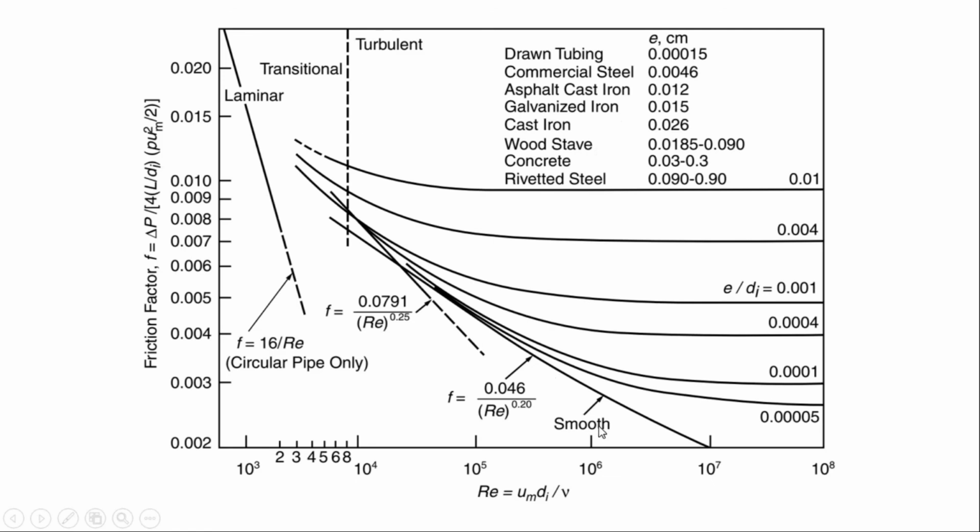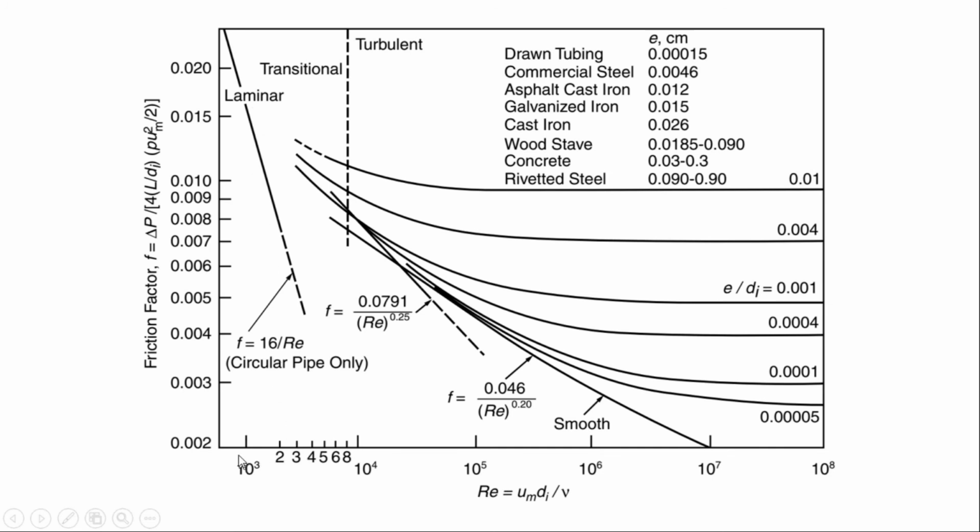So this is an important graph which shows the relationship between the Reynolds number and the friction factor, right? And ultimately the friction factor leads to the determination of the pressure drop by using this relationship. If you are at a lower value of the Reynolds number, that shows the laminar region, right?